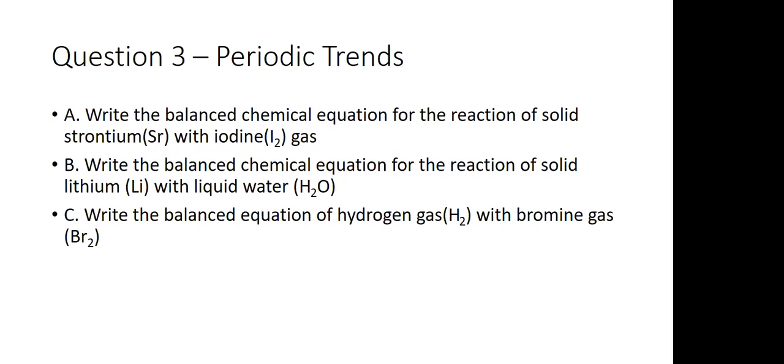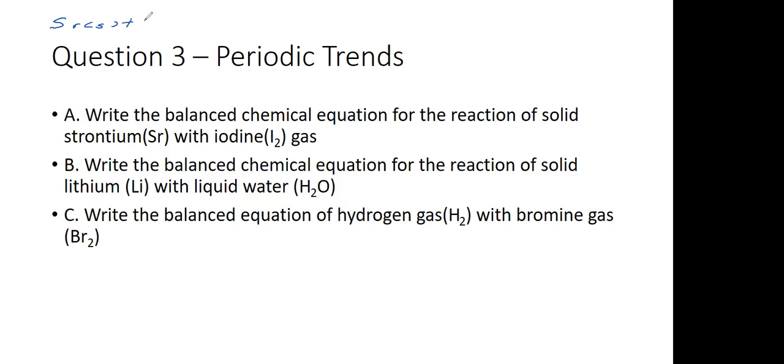All right, so let's work through A in case you're still a little confused. We have strontium with iodine gas. So your first goal is to find these on the periodic table. So strontium, and my pen, like I said, is a little weird, so excuse my bad writing.